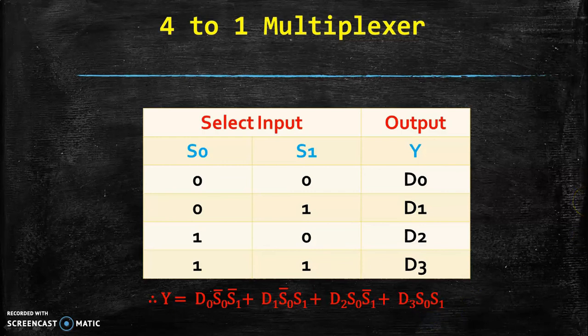So based on the truth table we have derived a logic function, and now from the logic function we can easily implement the logic circuit with the help of basic gates.